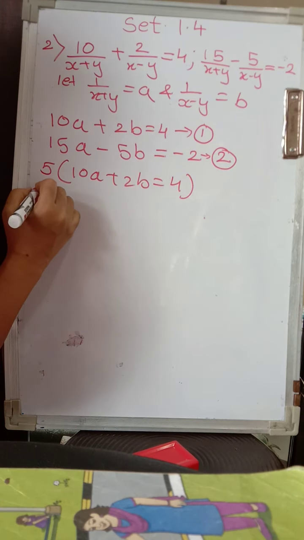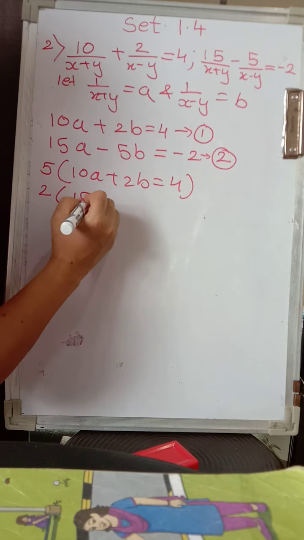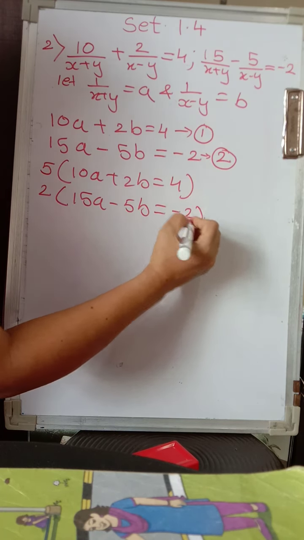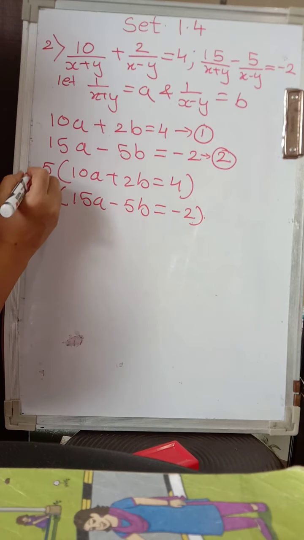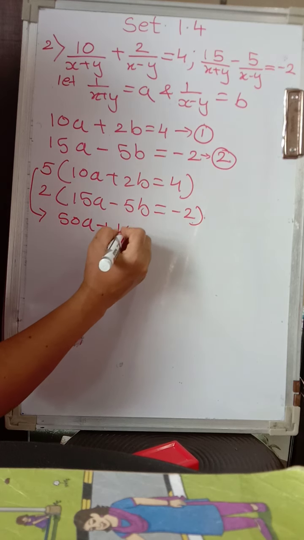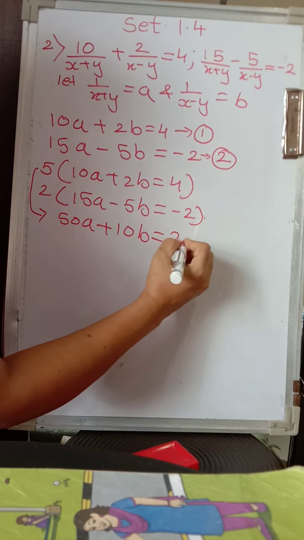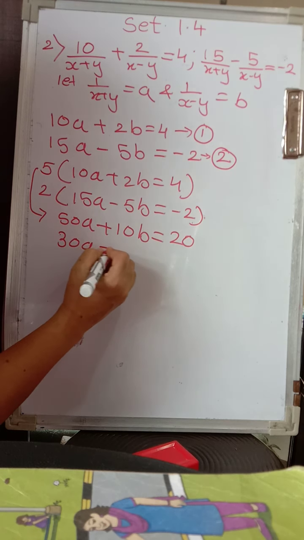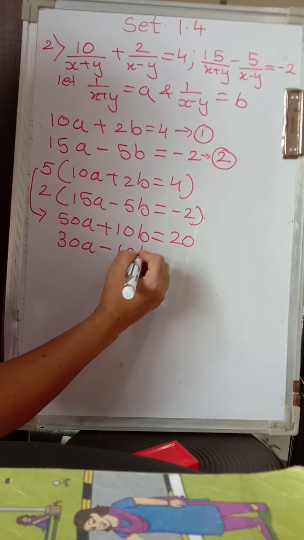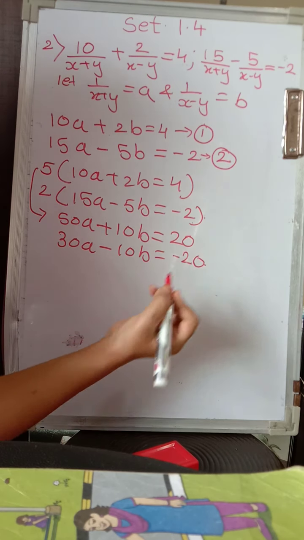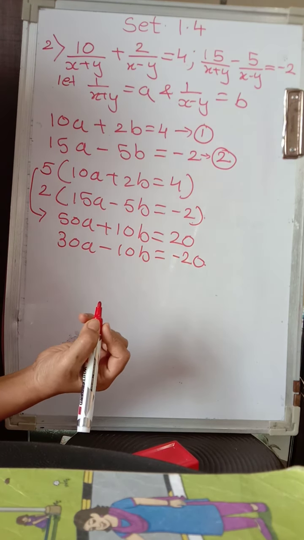And we have 15a minus 5b is equal to minus 2. Now let us multiply what we get. This I am writing over here. 50a plus 10b is equal to 20. And this I get 30a minus 10b is equal to minus 20.